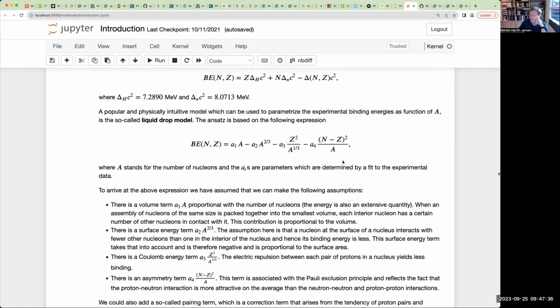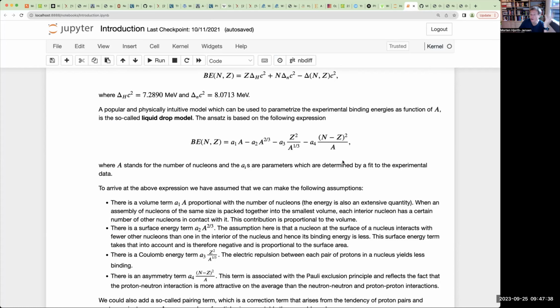Now, when I'm going to make the fit, I'm going to be a little bit sloppy in the sense that I'm going to simply fit everything in terms of A, the number of nucleons. So that means that instead of having a detailed knowledge of Z and the number of neutrons, I will simply make a fit in terms of A to the power of 2/3, A to the power of 1/3, and A to the power of minus 1.